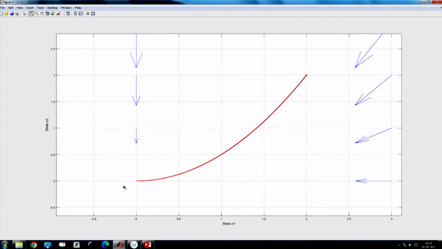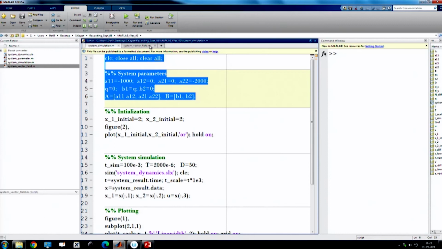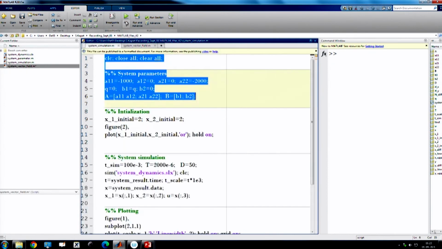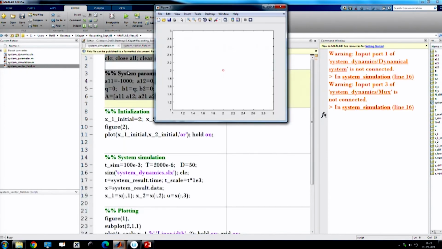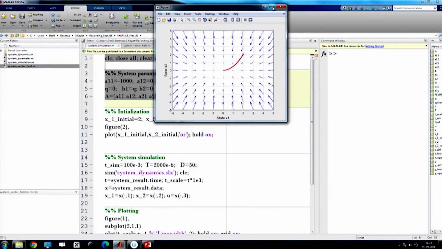And this direction field. So, suppose I want to change the direction field. So, I make it from minus 15 to plus 15, let us make it minus 5 to plus 5. So, if I go here and change the vector field to minus 5 to plus 5, and now again I want to draw and see how the trajectory looks in this plane.